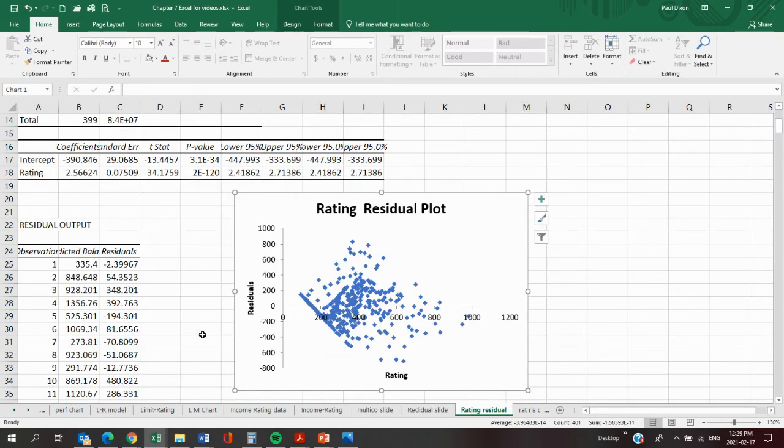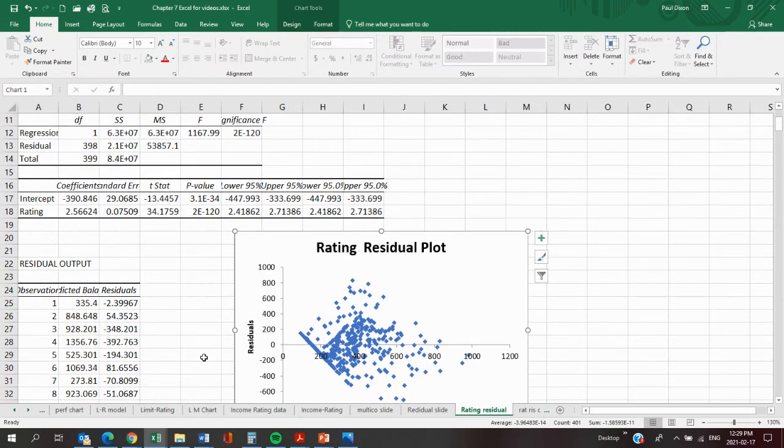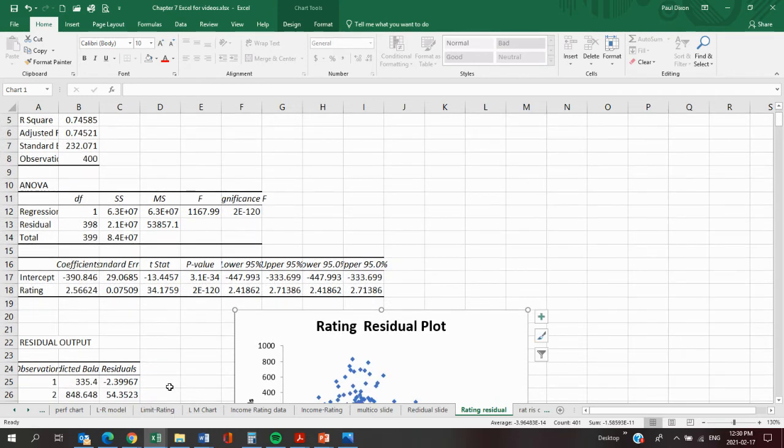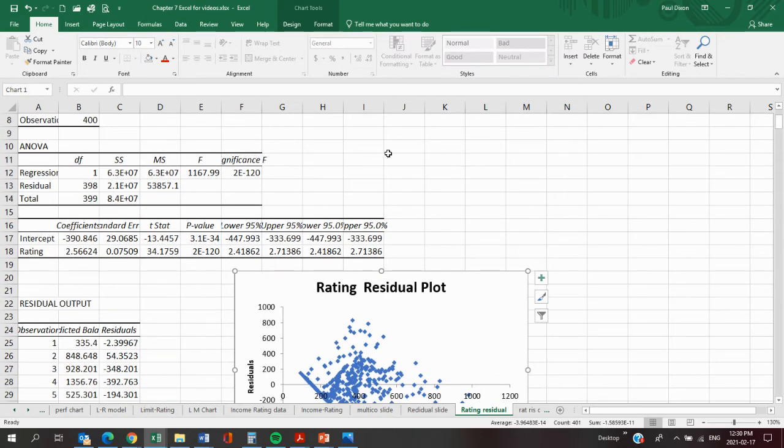If I did my initial regression, at which I got this sort of result here, I could have asked along the way to give me residuals. So back here, let me just show you what I should have done. Well, I did do it here.